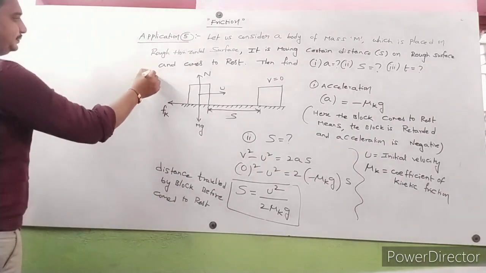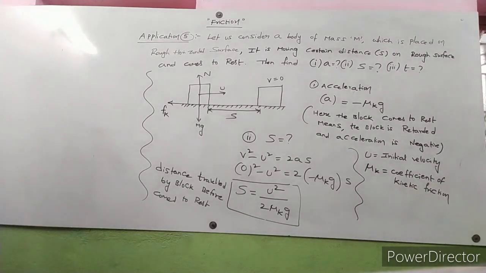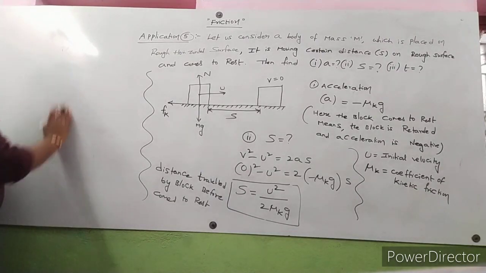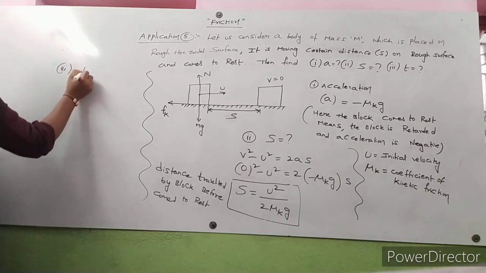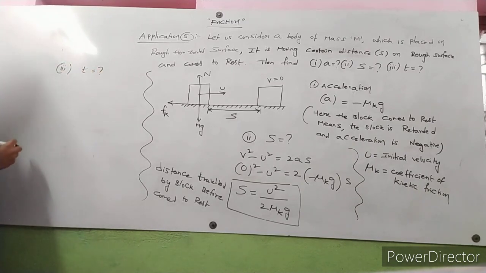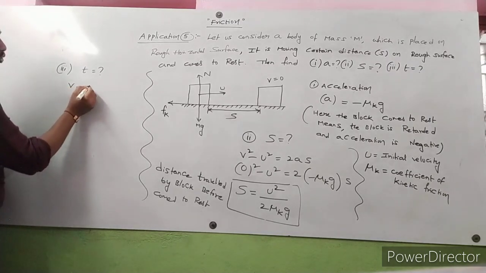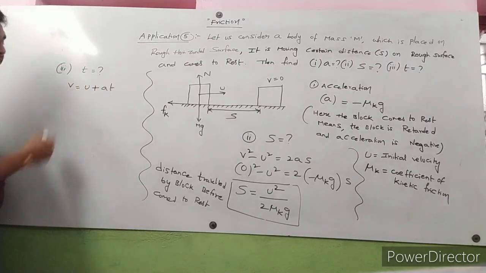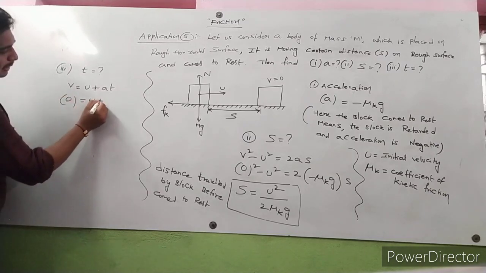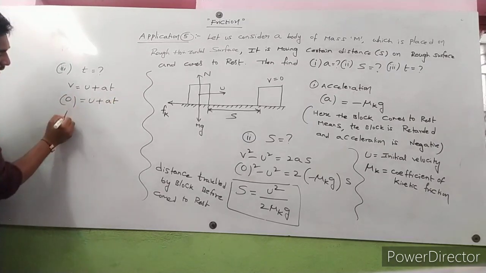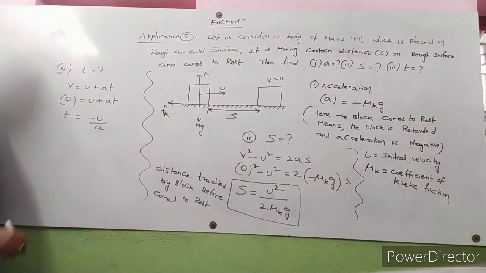Next, the t value. How to find t? According to the kinematic equation, v is equal to u plus at. Here v is 0, so 0 equals u plus a t, then t is equal to minus u by a.